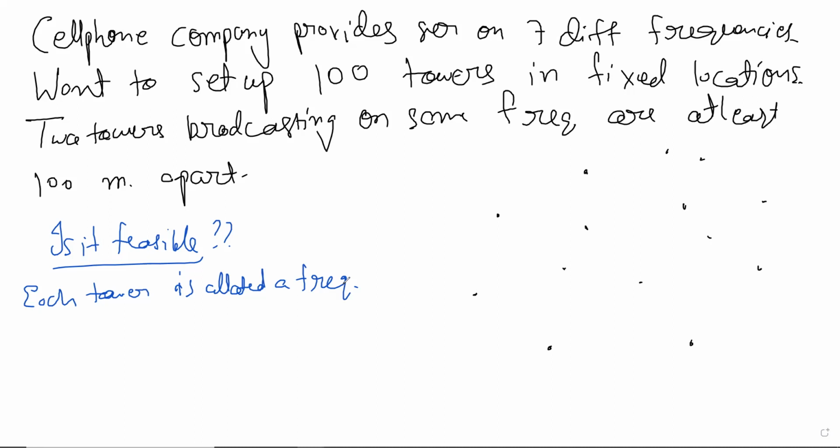We want a rule which will help us decide if this is possible or not, given a set of positions and towers. How would we decide? Given you know all the distances, how would you decide? That's the question. Given you know all the mutual distances, what will be a rule to decide if 7 frequencies are enough?